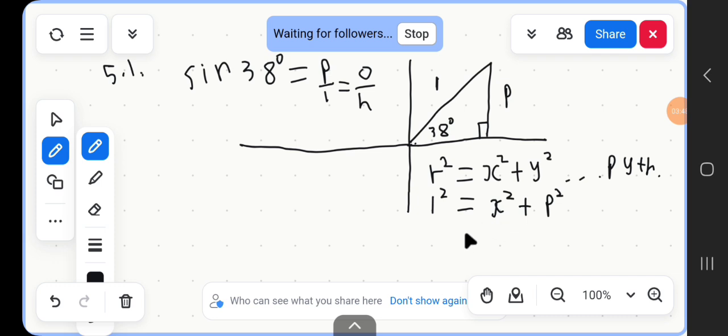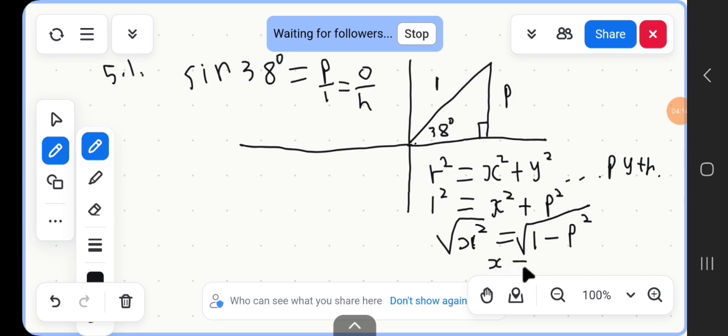Now we want x squared, so we transpose p squared to the other side. x squared equals 1 squared, which is 1, minus p squared. We want x, not x squared, so we introduce a square root on both sides. What you do on the left side, you do on the right side.